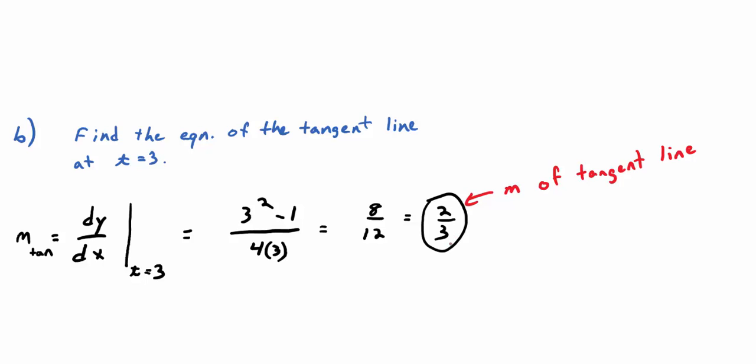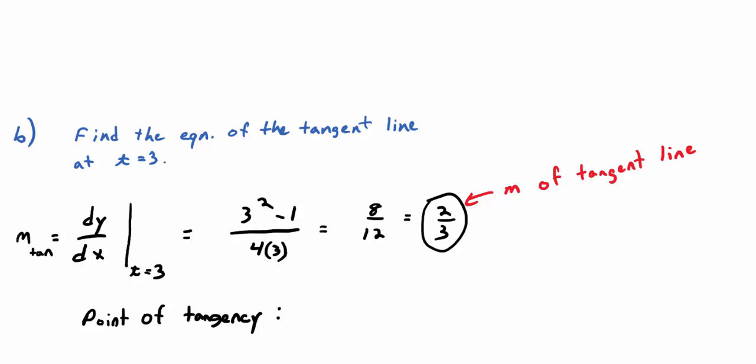So how do we find the point on the curve that this line is tangent to when t equals 3? Let's call this the point of tangency. That's how I'm going to spell it, even if that's not how you spell it. Point of tangency.